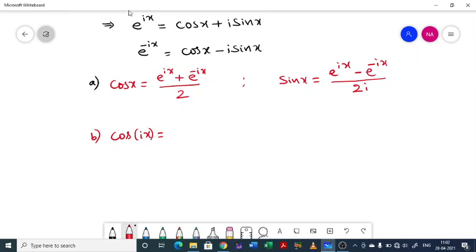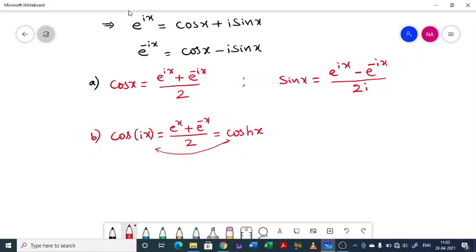Finally, you get e power x plus e power minus x by 2. This we call as cos hyperbolic x, cos hx. So you can observe cos hyperbolic x equal to cos of ix.